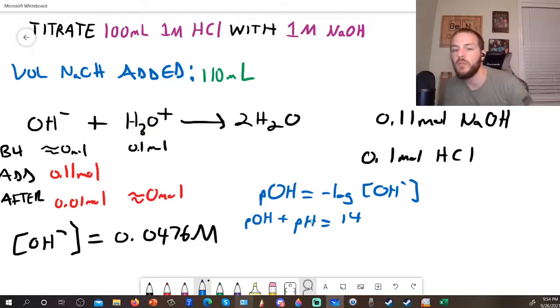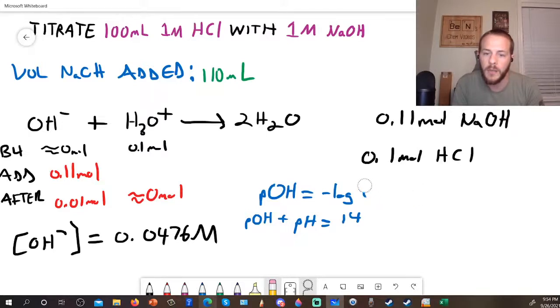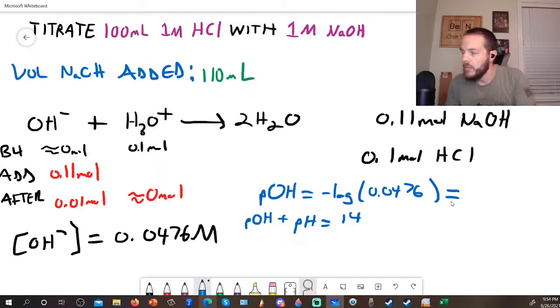So we can calculate pOH and then subtract that pOH from 14 to get our pH. The negative log of the concentration of hydroxide ion is the negative log of what we just calculated, 0.0476 molar. And that ends up being what value?